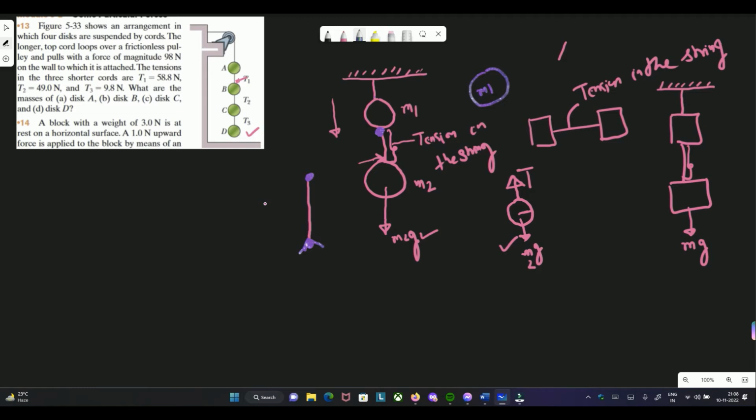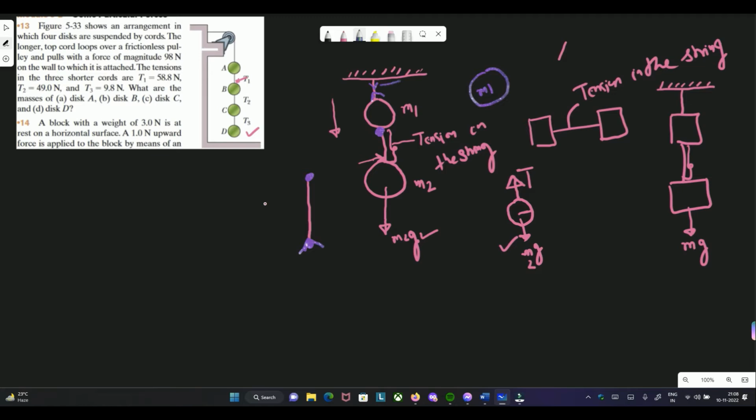The upper part of the string, which is touching m1, also has the same tension. I'm again repeating, the upper part of the string connecting m2 and m1, which is touching m1, is also working on m1.